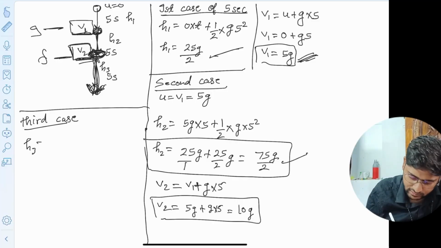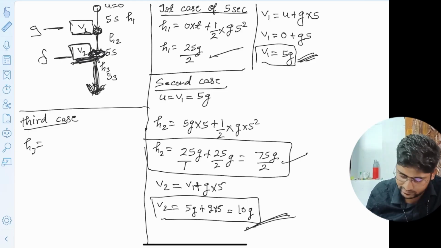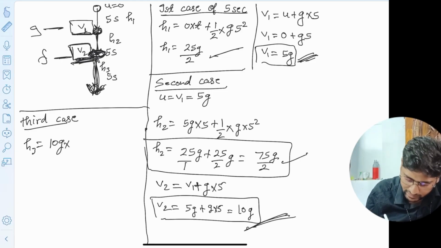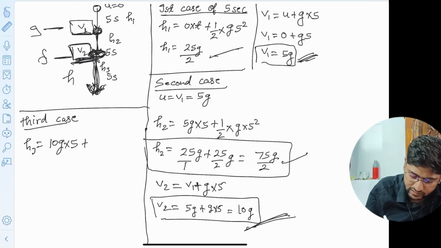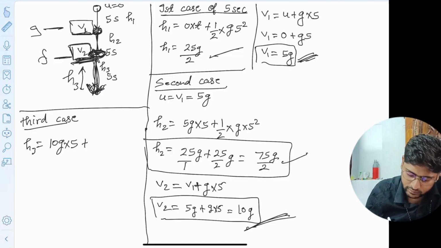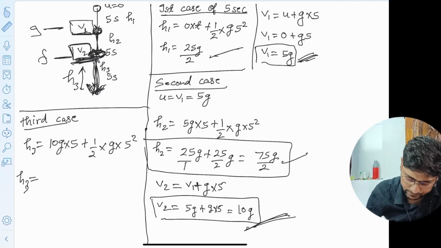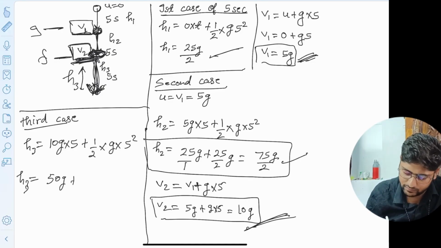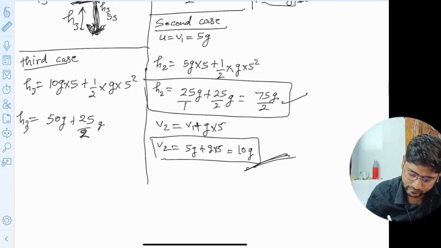So h3 equals ut plus half at square, with initial velocity v2 equals 10g, into time again 5 seconds, plus half into acceleration g into time 5 squared. So h3 equals 50g plus 25 by 2 g, which gives 125g by 2.